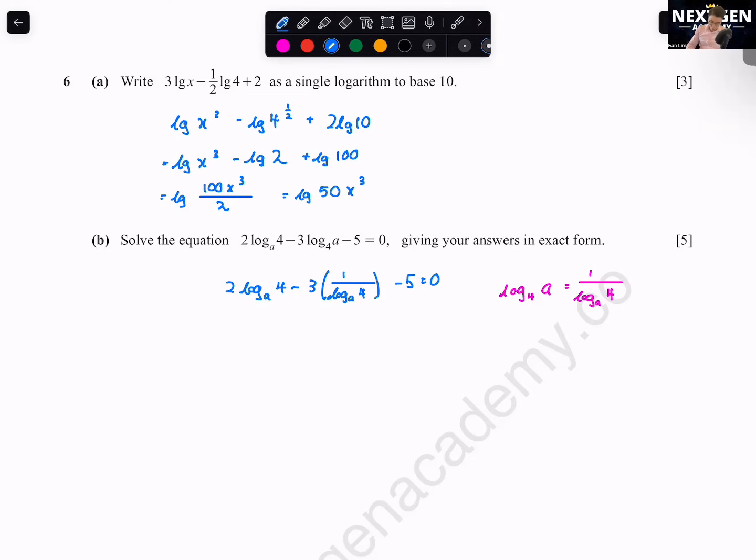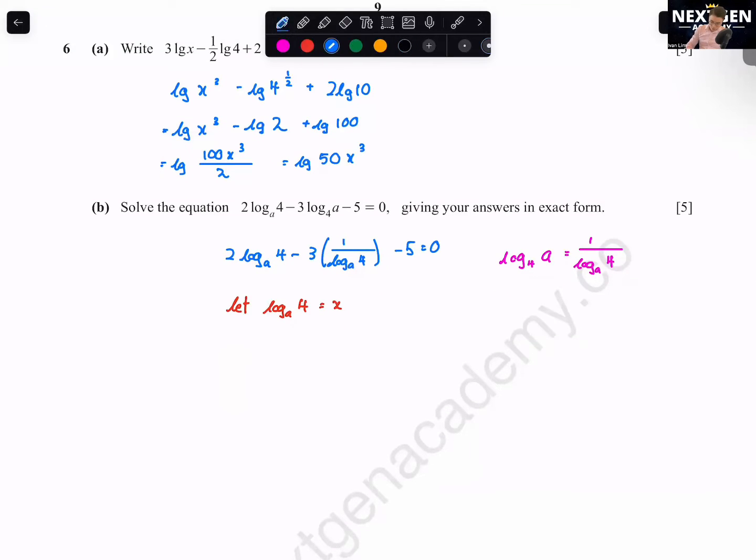So what am I going to do for this? Because I don't want to keep writing out log_a 4 over and over again, I'll just use a substitution. I'm going to use the let method. Let log_a 4 equal x. So here will become 2x minus 3 times 1 over x, minus 5 equals 0.